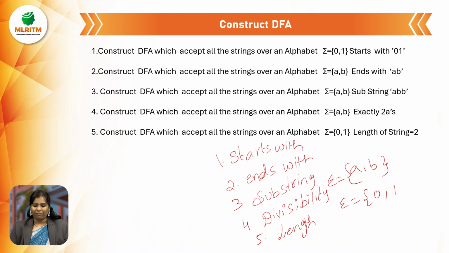Today we are going to construct the first one: construct a DFA which accepts all the strings over the alphabet sigma equals {0, 1} that start with 01. We already discussed that the construction of DFA contains 5 steps, the first one being starts with. So today we are going to do starts with only.